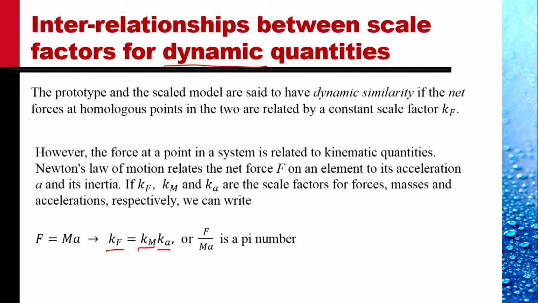And as we have converted the relationship between scale factors to a pi number, we can obtain F by Ma is a pi number. So the value of F by Ma is the same in the prototype as in the model if the phenomena are similar.